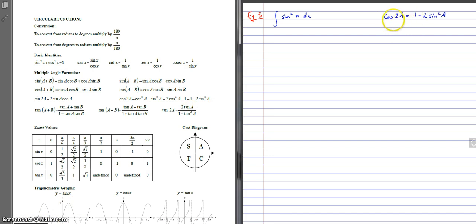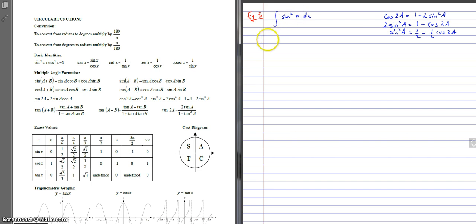If we just turn this around a little bit, we can say that 2 sine squared a is equal to 1 minus cos 2a, and therefore sine squared a is equal to 1/2 minus 1/2 cos 2a. And so we can apply that in this case.